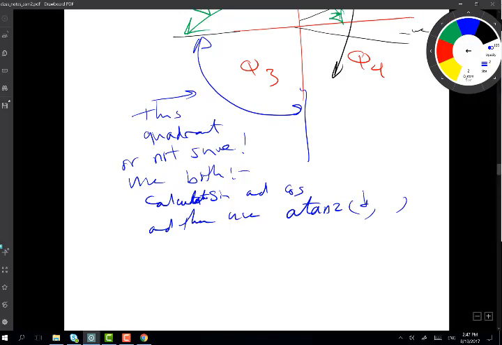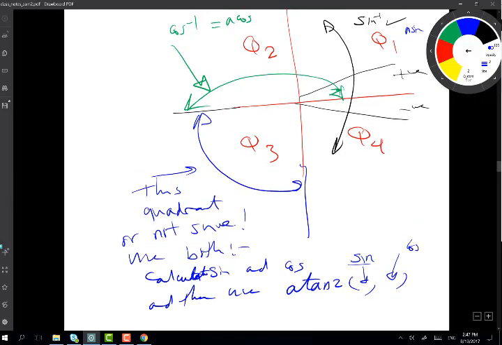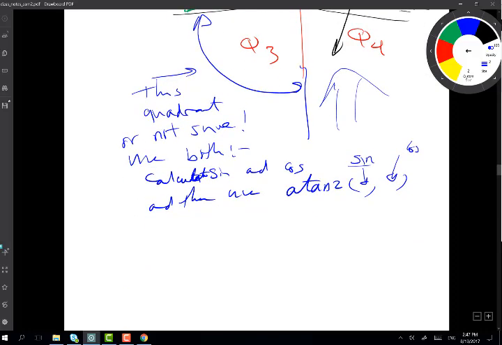Here you'd have the sine, and here the cosine, and this will take into account both the sine and cosine values. It will match those together on the quadrants, and will be able to tell you your angle.